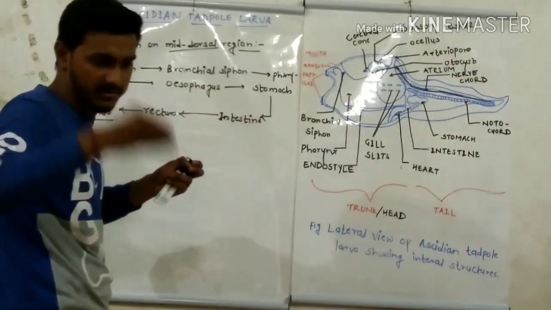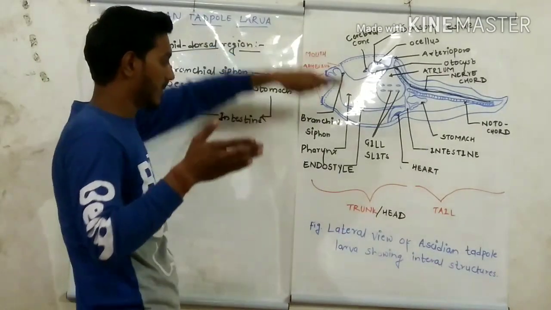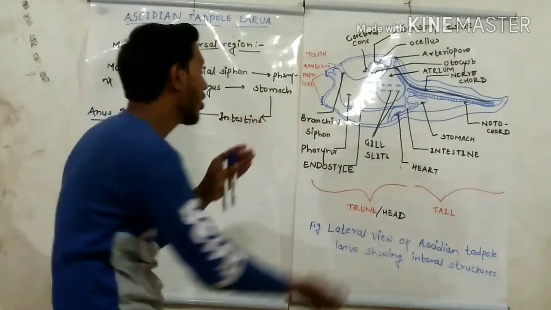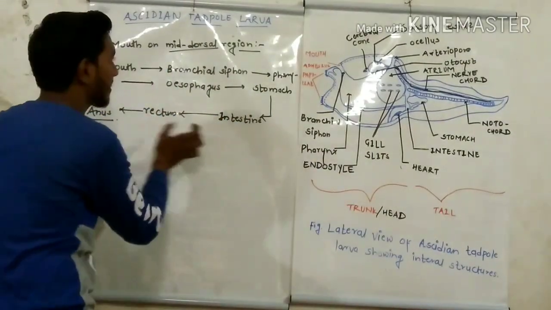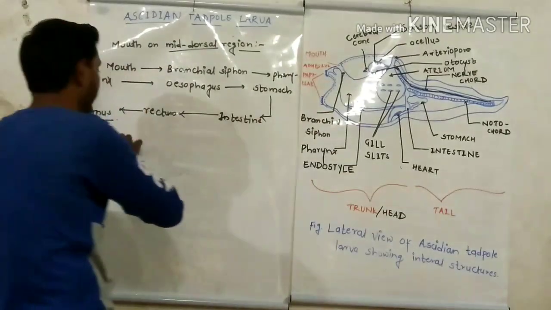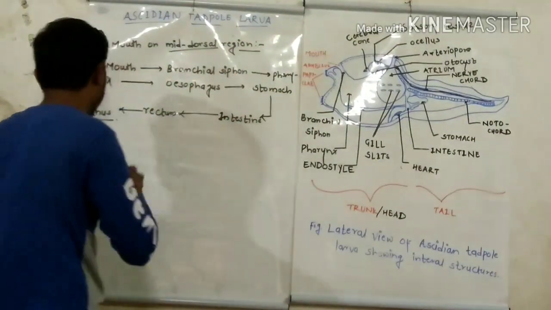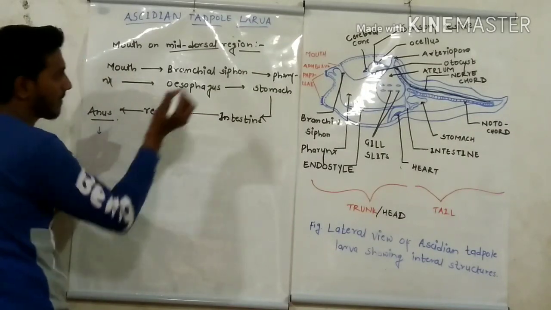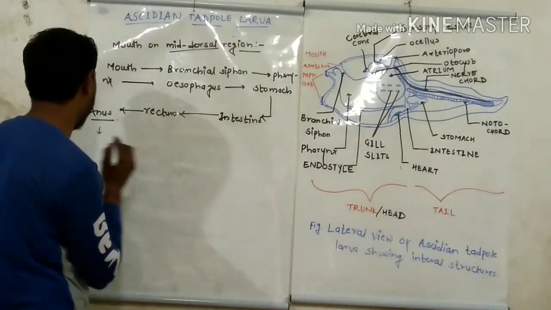We can consider this as the right side of this lateral view, and behind this the left side is present. So this rectum joins to the atriopore from the left side, and the function of the anus is performed by the atriopore.